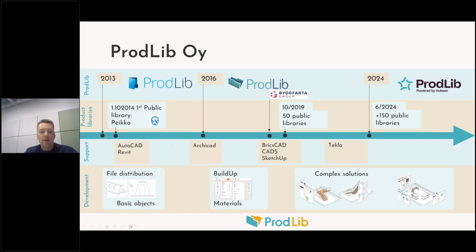From the functionality point of view, we started with basically file sharing of these files, developing it further to support more complicated solutions, like sharing real material data, walls, or other multi-layer structures, up to what we can handle nowadays, very complex solutions: stairs, railings, glazings, pretty much you name it.